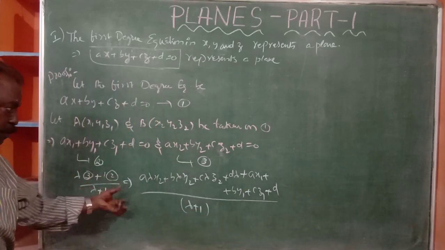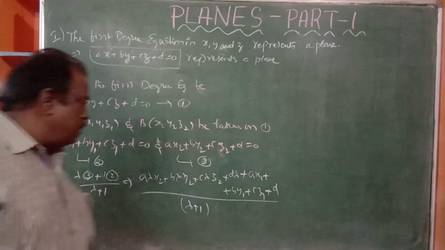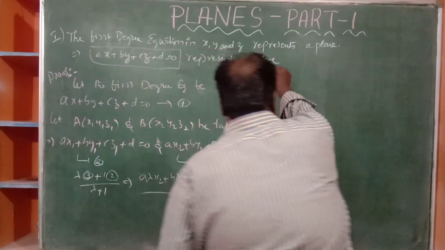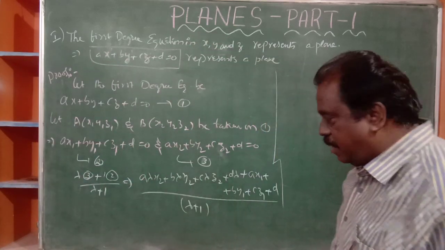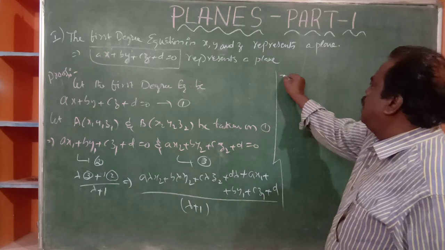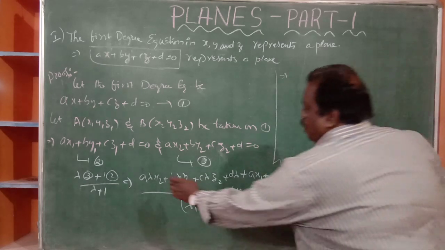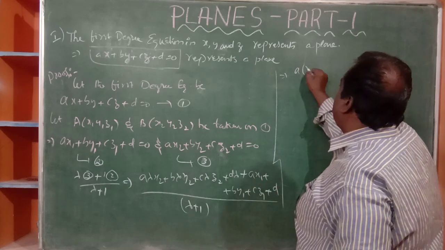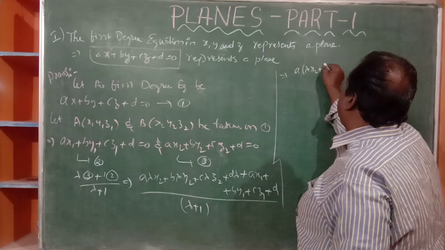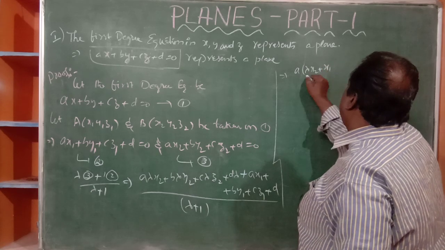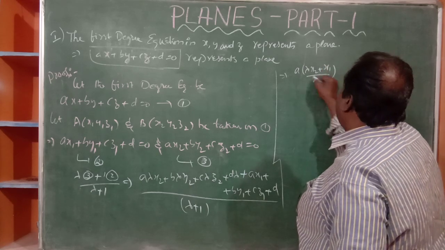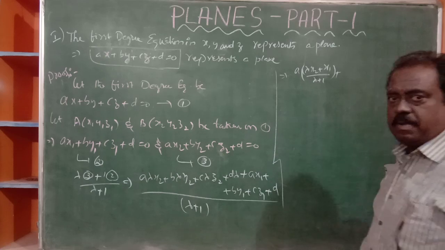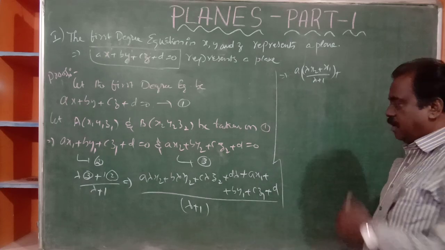I am taking one expression that implies you see that. Slowly try to understand. A is common here and here. So a of (lambda x2 plus x1) by (lambda plus 1), where lambda plus 1 is in the denominator.